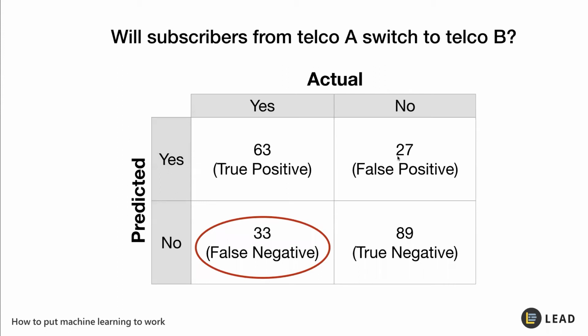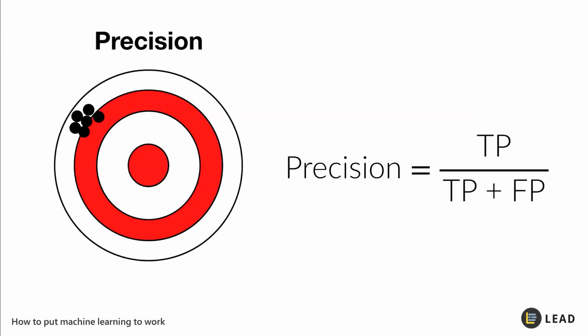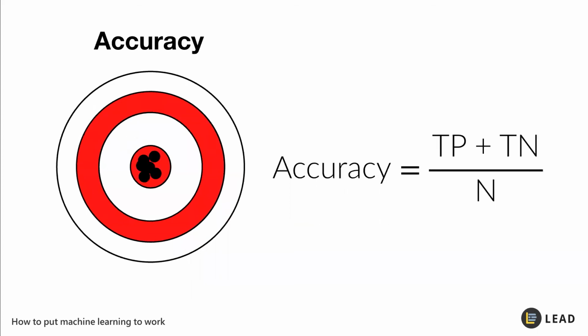So your precision is quite high in this case, meaning that those you predicted as positive are largely correct. But precision only tells you one part of the story. What you actually care about is accuracy. Not only do you want to be precise, you also want to be accurate. To measure accuracy, use true positives plus true negatives, divided by the total number of cases.